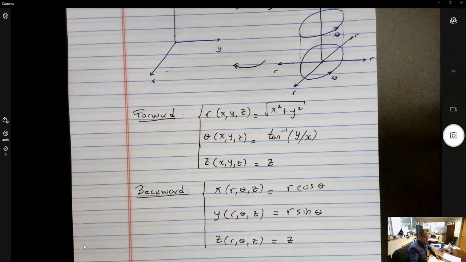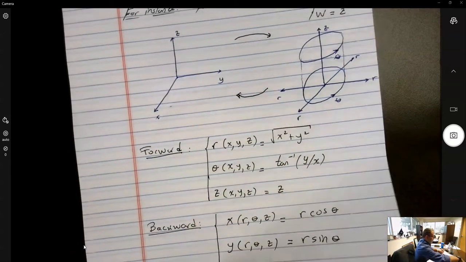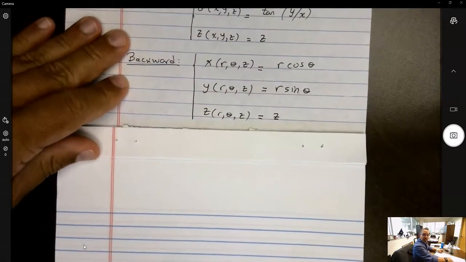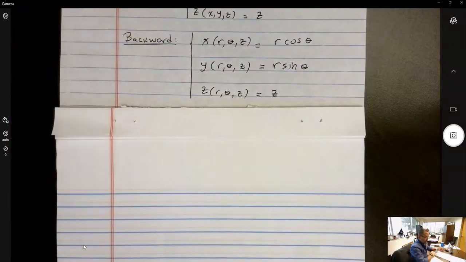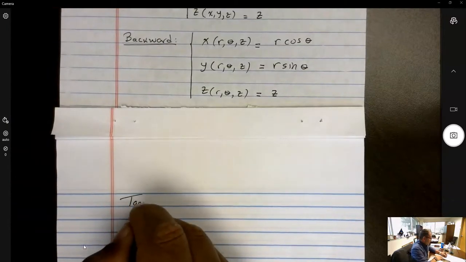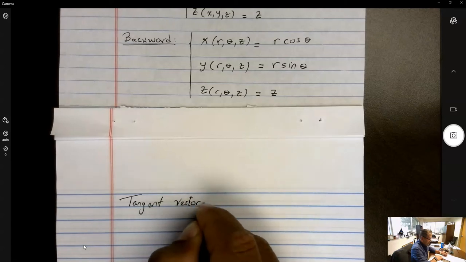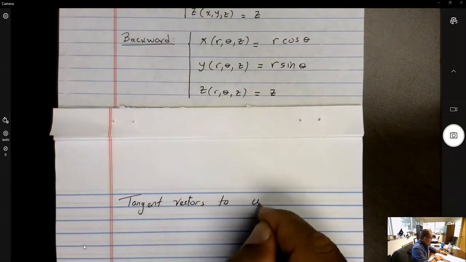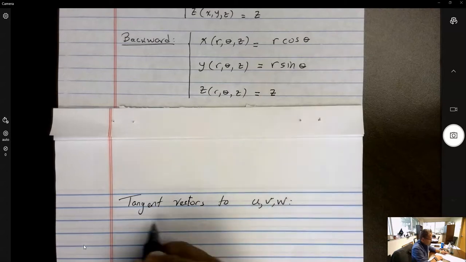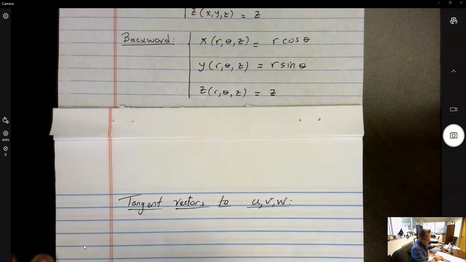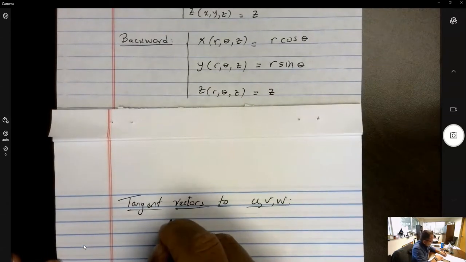So let's define a few things that will be relevant and important to defining generic curvilinear systems. The first one is tangent vectors to u, v, and w. So again, let's draw this again.